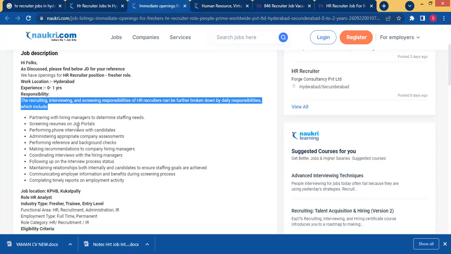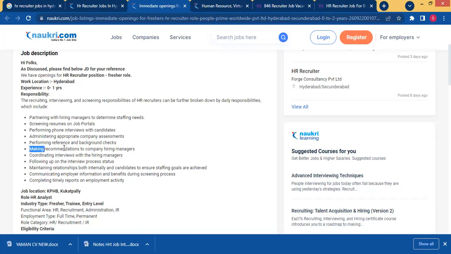Performing reference and background checks. It depends. When you are hired, every company has their own methods to check references and backgrounds, their own formats. They will train you on that. Now here, this point, you can mention in the resume.